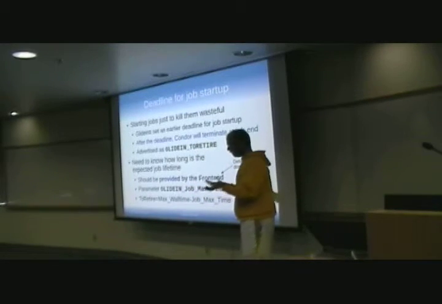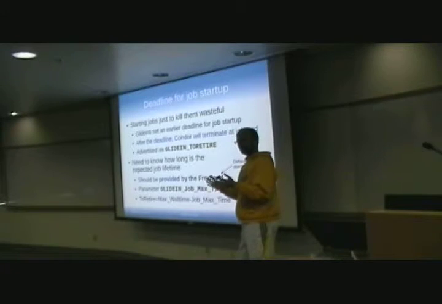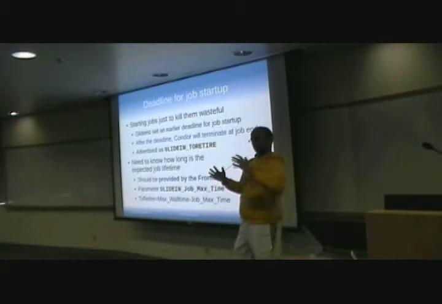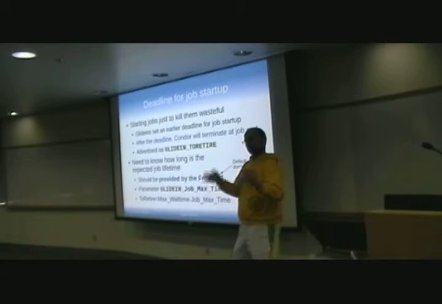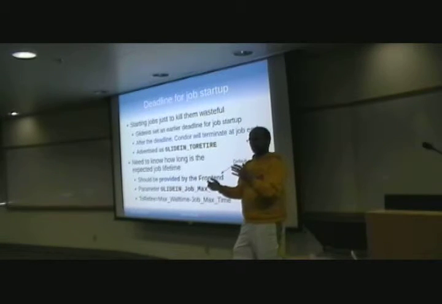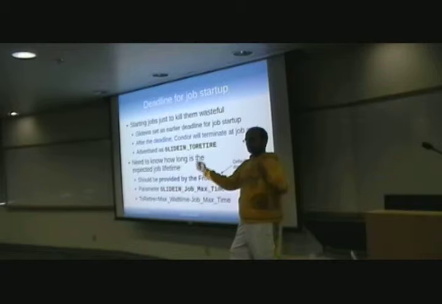And the problem is you need to know what is the typical lifetime of a job to set this time, right? It must be somewhere before the hard deadline, but how far in advance? You want it to be set to something that is about the typical lifetime of the job, so that you are not going away very fast. I could put it to pretty much infinite, so you have 10 seconds to match or nothing will start.